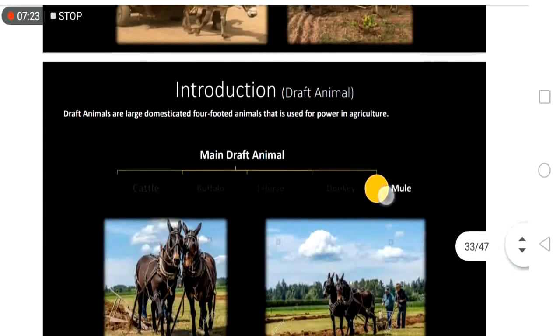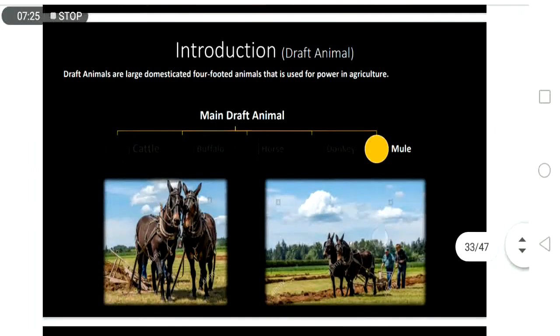While some others use the mule as a source of power in agricultural operations. As you can see in the picture, the mule looks like a horse, since the mule is the offspring of a donkey and a horse.